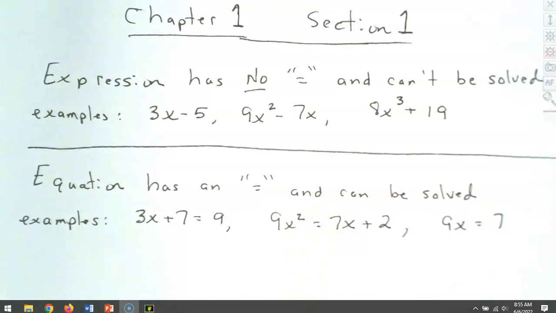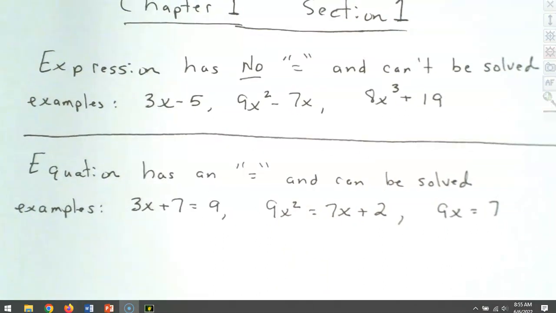These are all going to be examples of equations. Now, they can be solved. Okay. We're going to learn how to solve these equations in a moment.